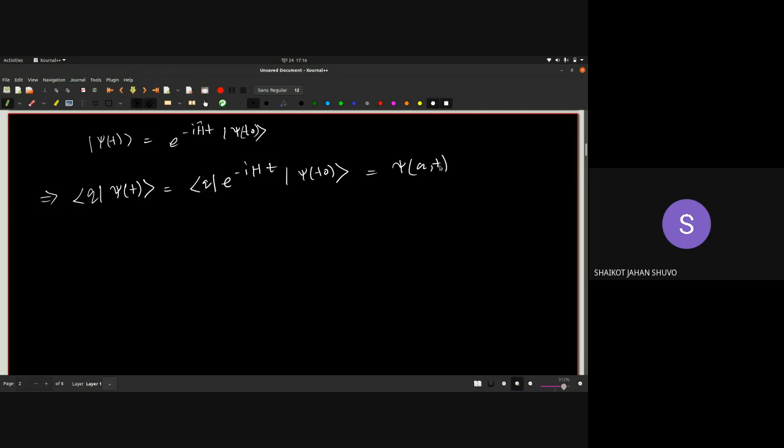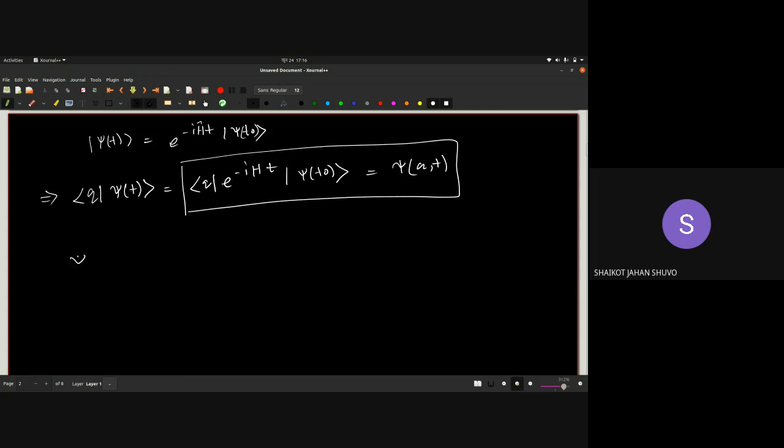So let's do something with this expression in the box. Okay, so psi of q,t is equal to, again I'm writing it down.